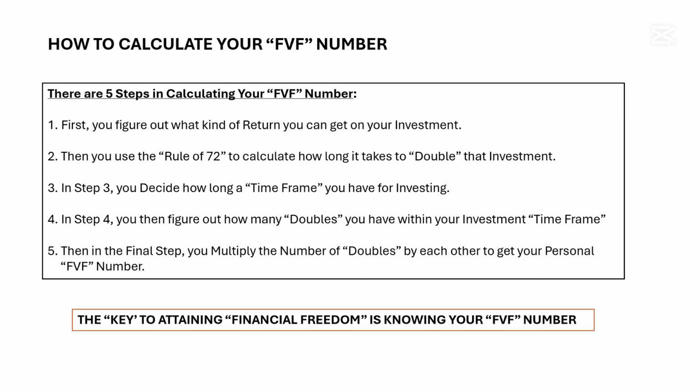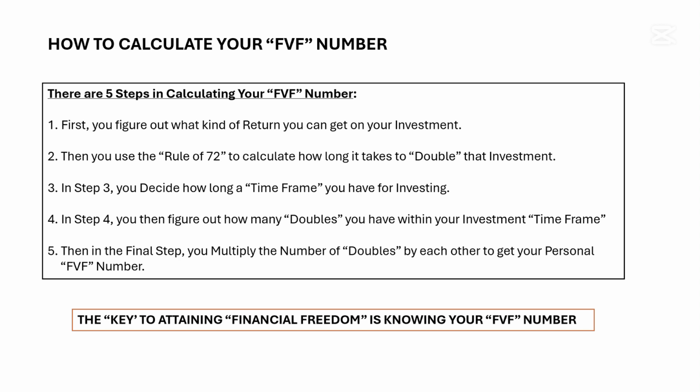In step 3, you decide how long a time frame you have for investing. In step 4, you then figure out how many doubles you have within your investment time frame. Then, in the final step, you multiply the number of doubles by each other to get your FVF number.